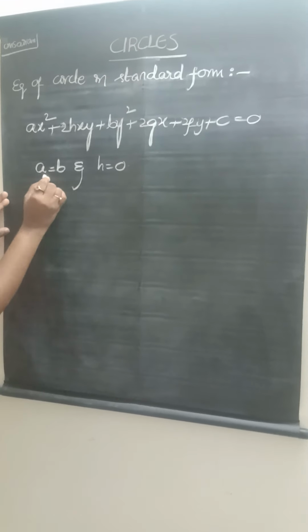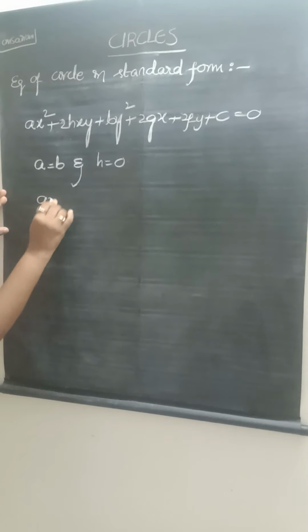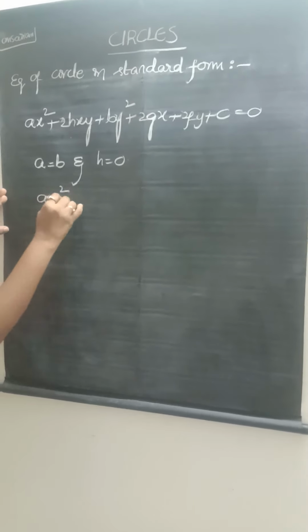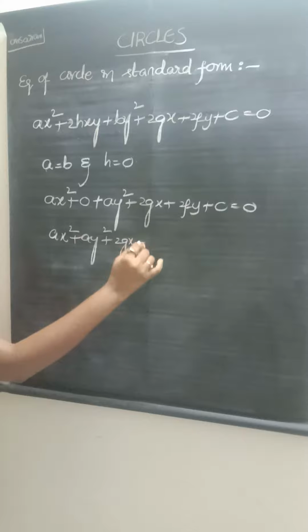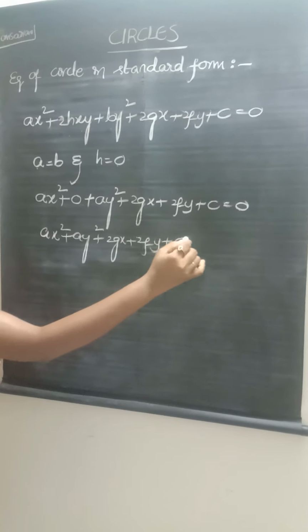Substituting a equals b, and h equal to 0 means the second term becomes 0, we get ax square plus ay square plus 2gx plus 2fy plus c equals 0.